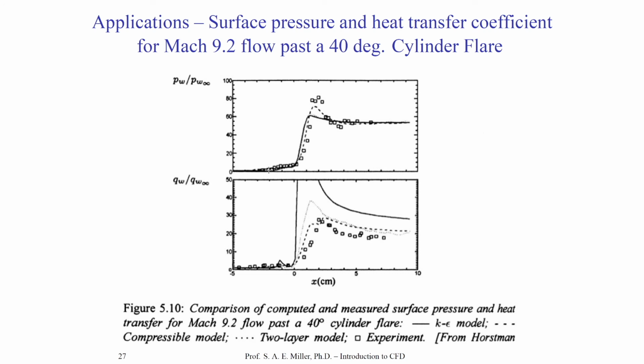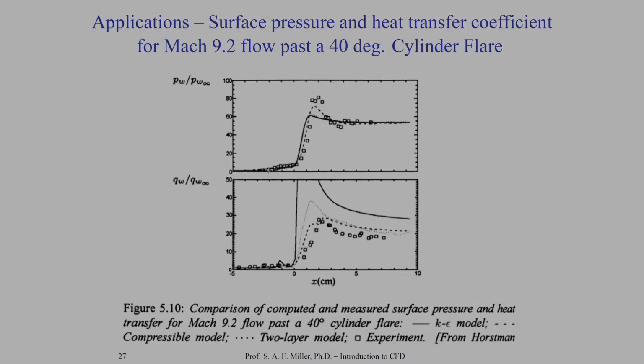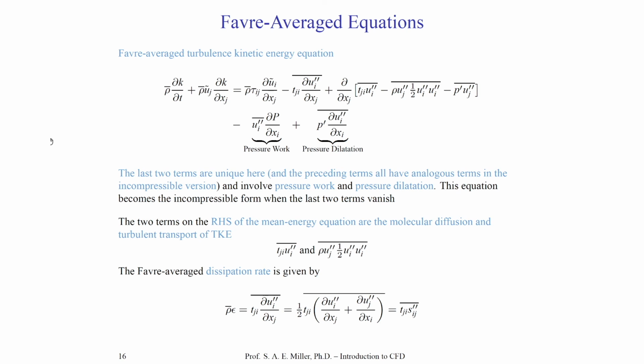In all these results you're seeing here, you're seeing incompressible formulations that are being altered by compressibility corrections. How is that done? They essentially would take the incompressible formulation using the Rand's closure and add in two more empirical terms to represent the pressure dilatation and the pressure work of the turbulent kinetic energy equation.